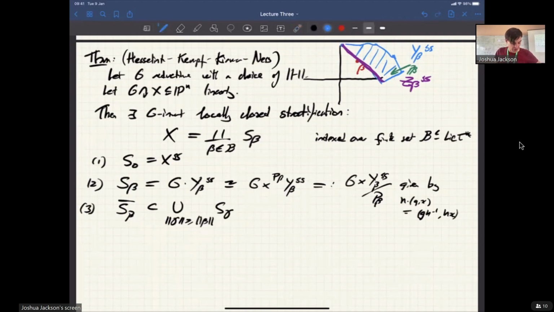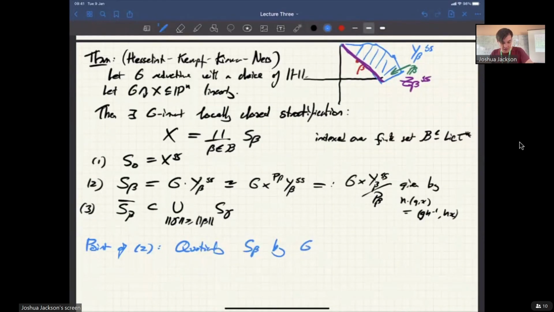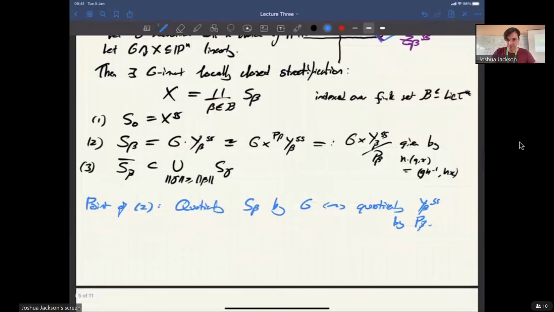Okay, and then the point of two, at least from my perspective, is that it says that quotienting S beta by G is the same thing as quotienting Y beta SS by P beta. Imagine this is coming from a moduli problem.